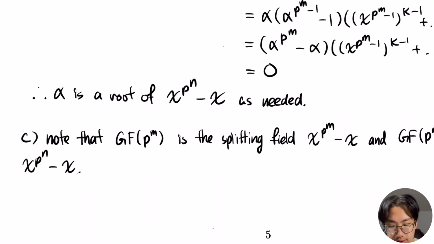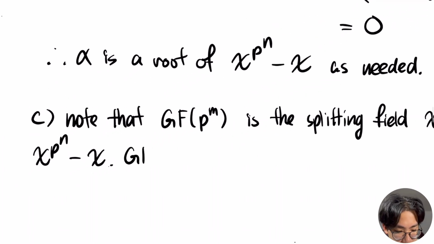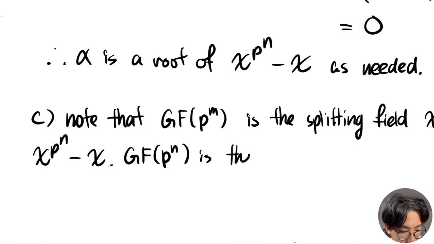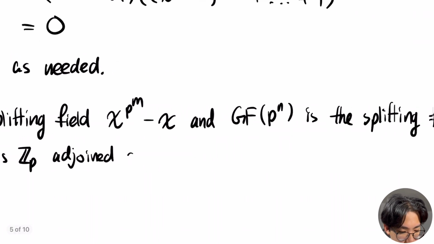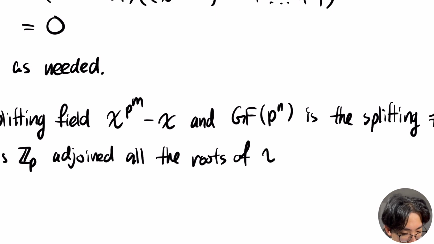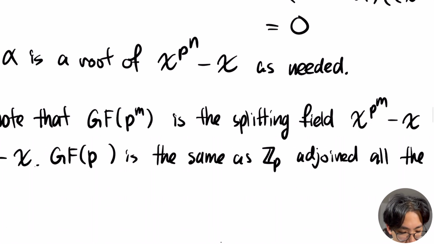So I'll quickly write that out. The Galois field of p to the n is the same as, again, Z_p adjoined all the roots of x to the p to the m minus x, we'll go in the same order, so m here.